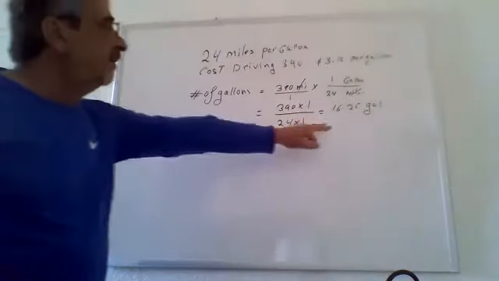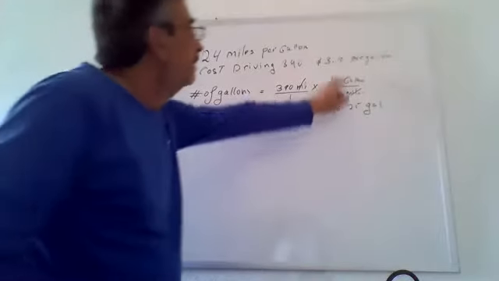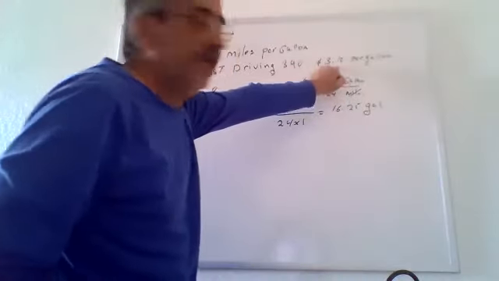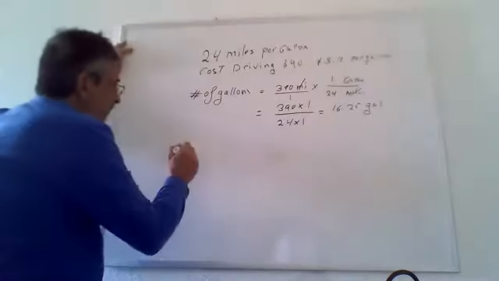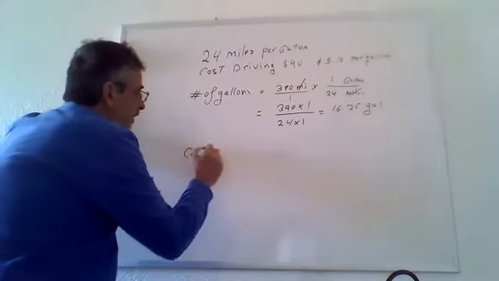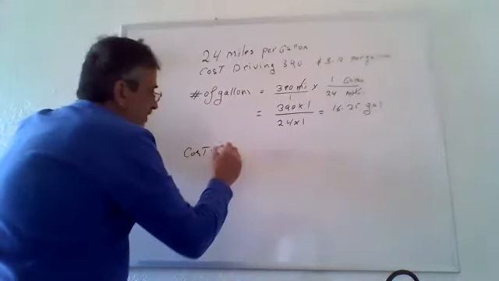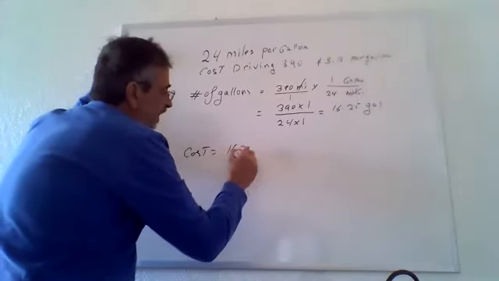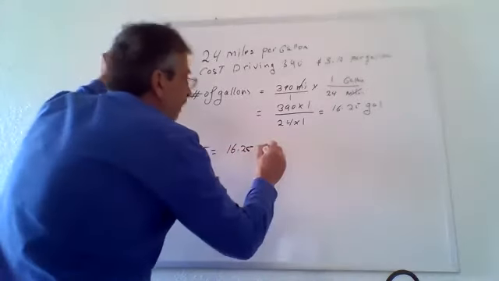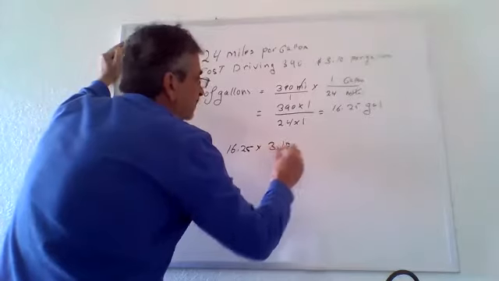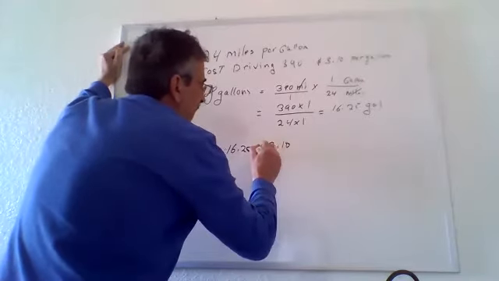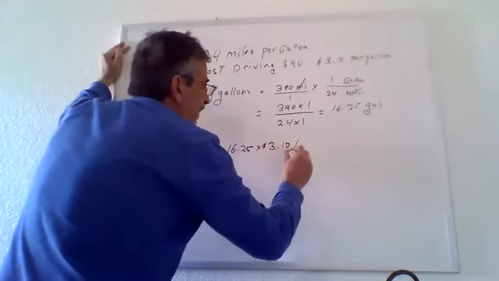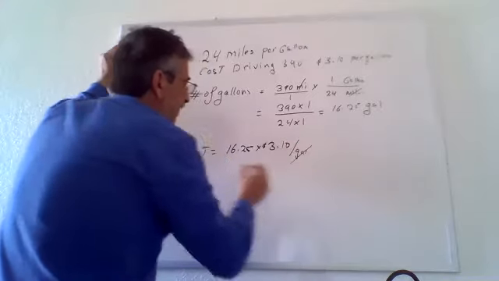To figure out how much this costs, we know the cost per gallon is $3.10. So cost equals 16.25 times $3.10 per gallon. The gallons cancel out.